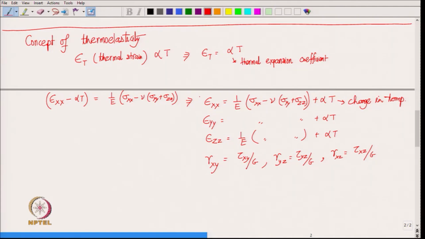So, we can write it here, 3-dimensional thermoelastic stress strain relation.